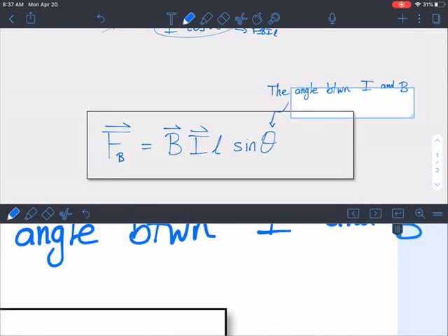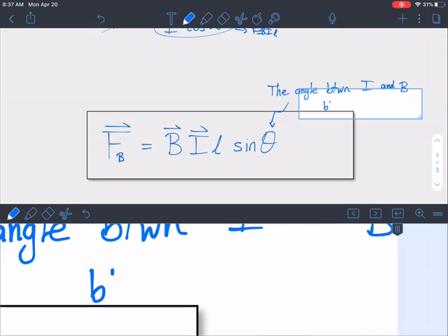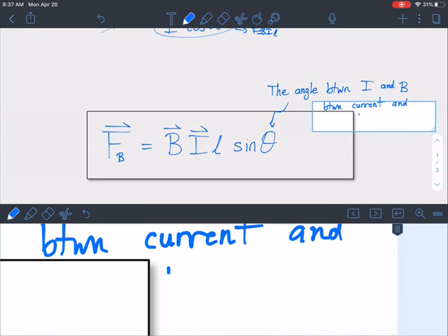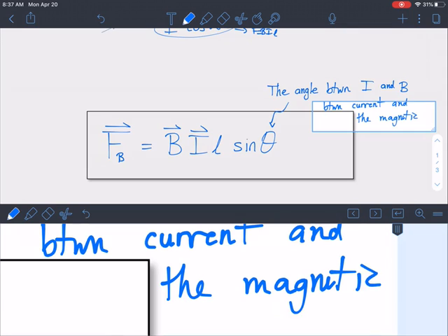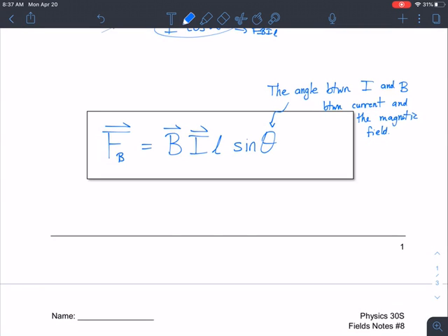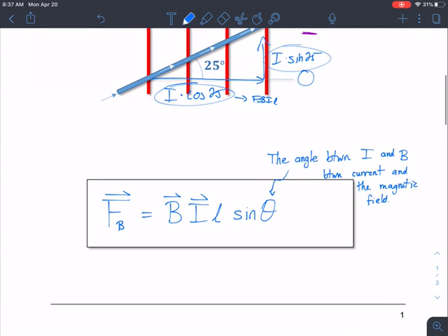That is between the current and the magnetic field. You should know that hopefully by now. Alright, and so what this means is we're going to use the sine piece.